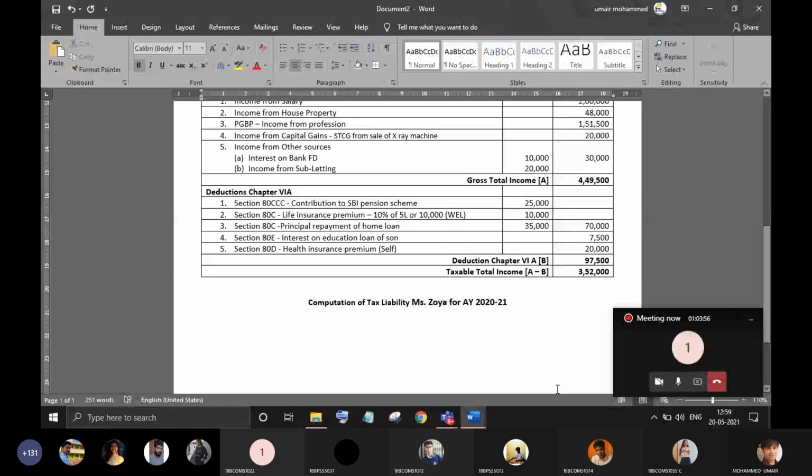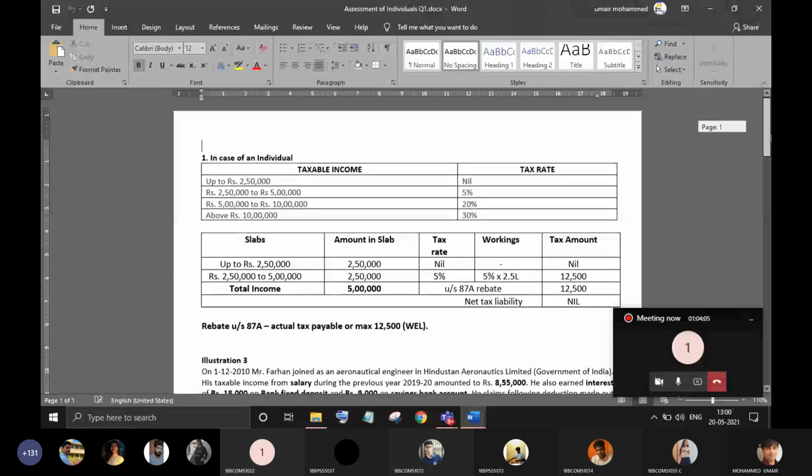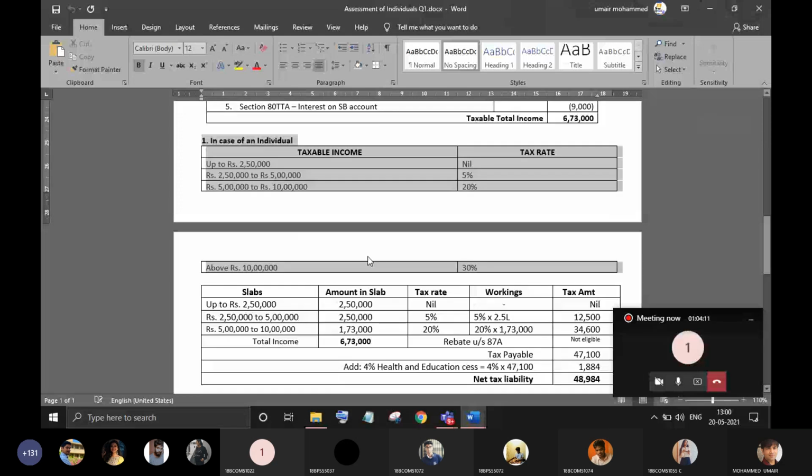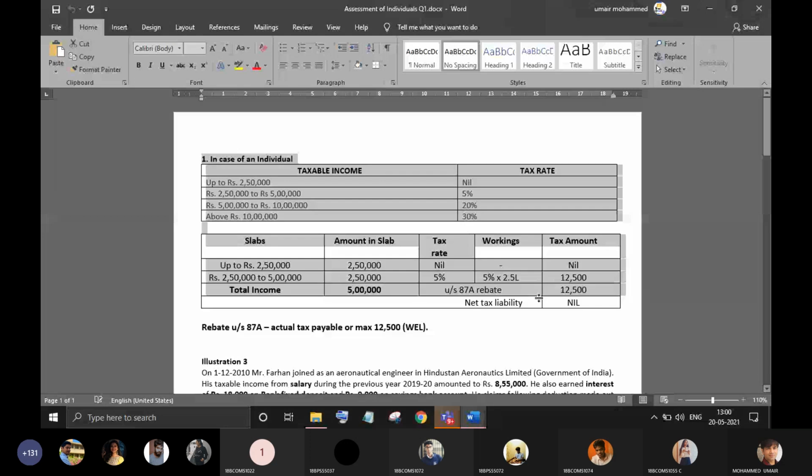So here the total taxable income of the assessee is 3,52,000. So these are the tax rates in case of individuals.